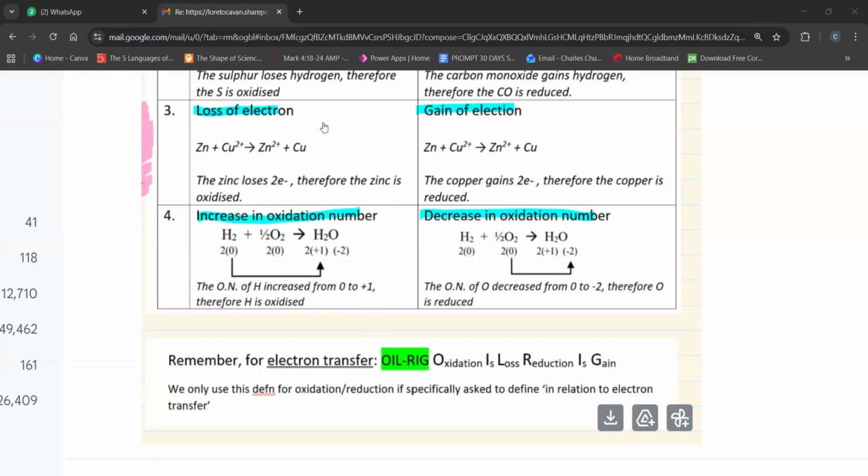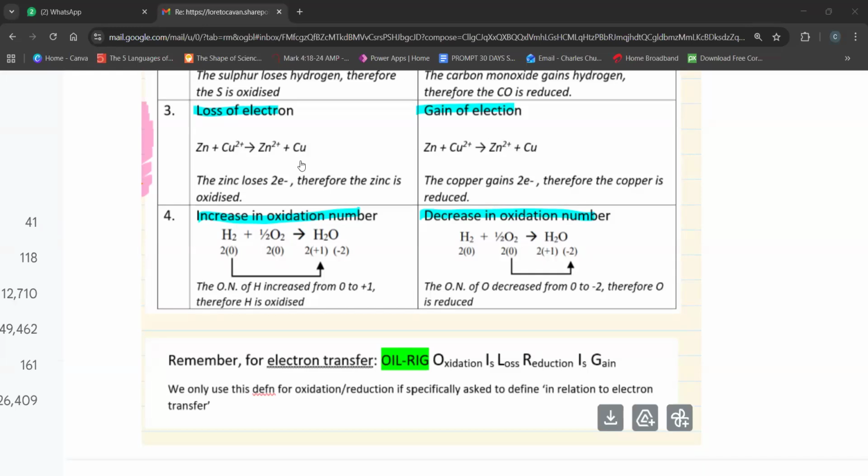What I mean by linking them together is they are kind of implied. If you look at number 3 very well, where it says loss of electron, you look at the one that is being oxidized, zinc. Its oxidation number on the left hand side of the equation was 0. But on the right hand side, it has lost 2 electrons.